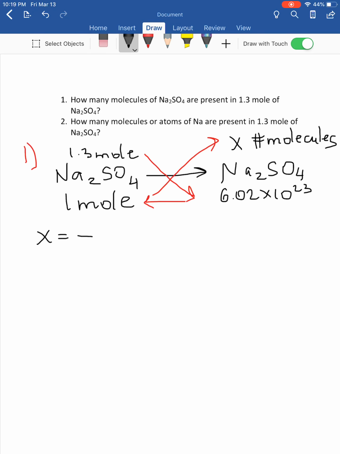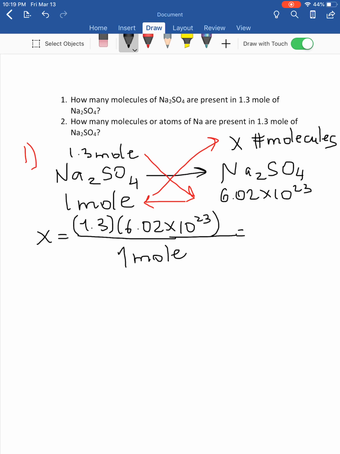So x is equal to 1.3 times 6.02 times 10 to the 23 divided by 1 mole, which will be equal to 7.83 times 10 to the 23.